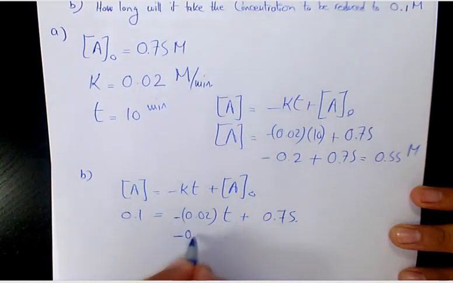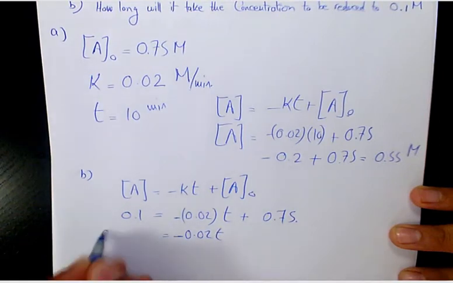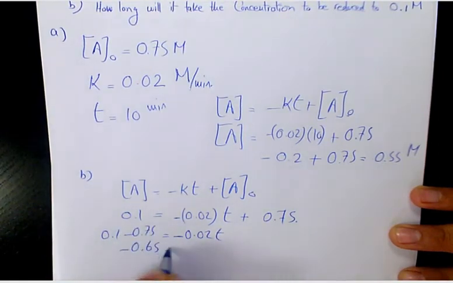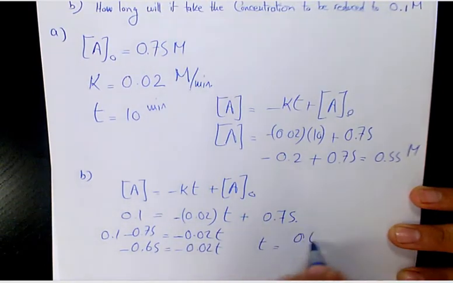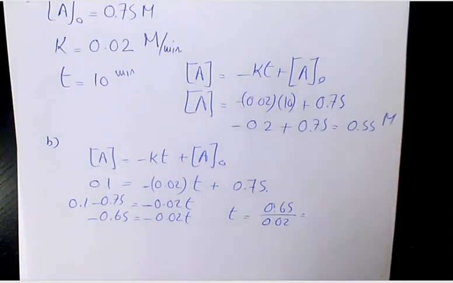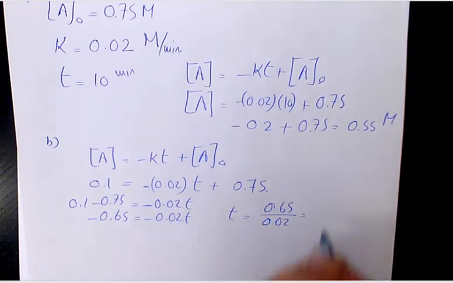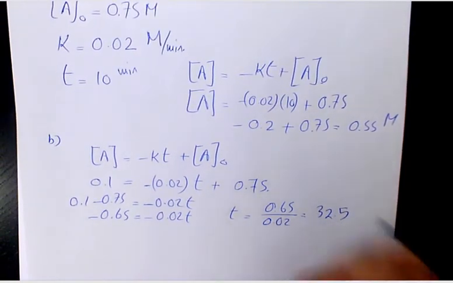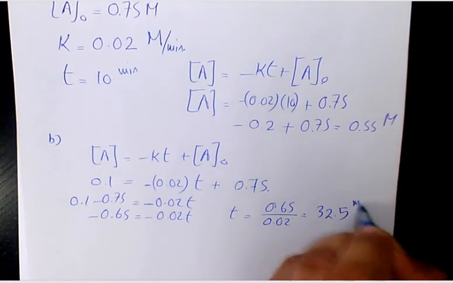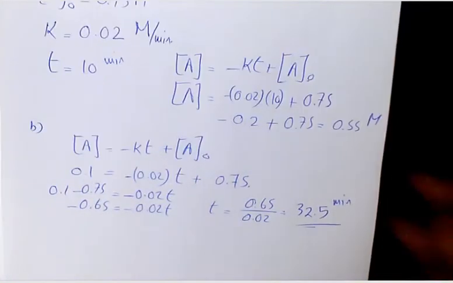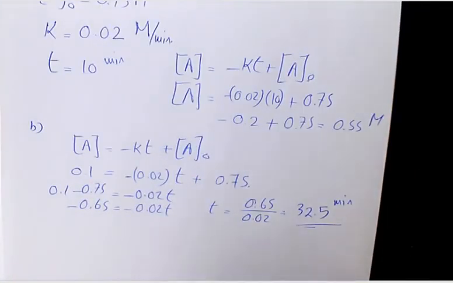So that's going to be negative 0.02 times T. 0.1 minus 0.75, that's going to be negative 0.65, equals negative 0.02 T. T is going to be 0.65 divided by 0.02, it's going to be 32.5 minutes. So after 32.5 minutes, it's going to get to 0.1 molar.